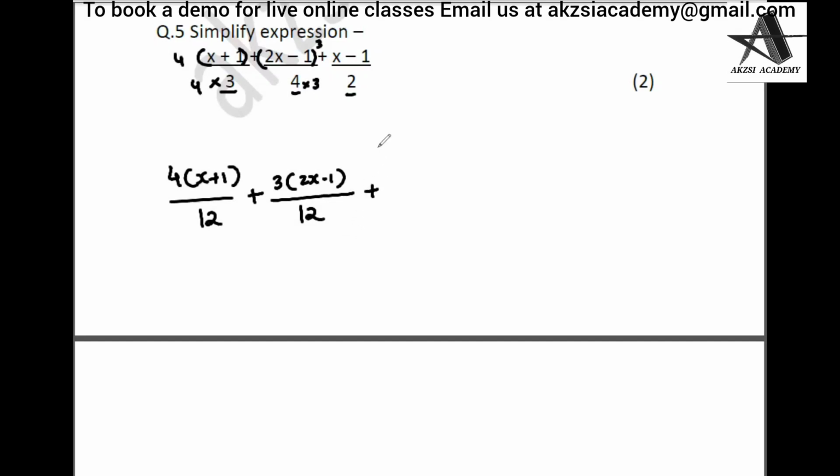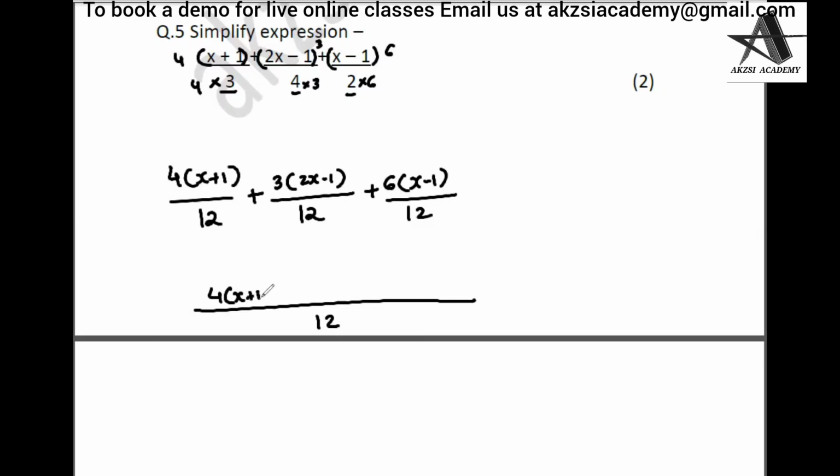Plus, how can I make 2 into 12? By multiplying it with 6 and multiplying the numerator with 6 as well. So this will be 6 times (x minus 1) over 12. If we have all the same denominators, add them up. 4 times (x plus 1) plus 3 times (2x minus 1) plus 6 times (x minus 1).